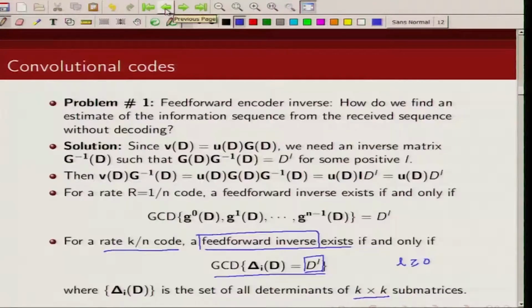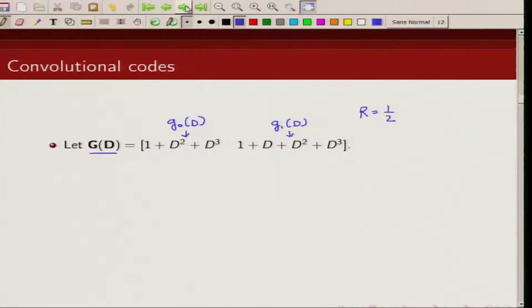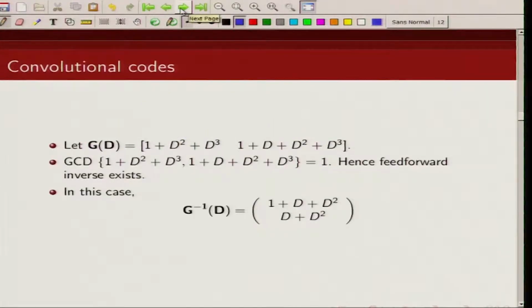If we go back and look at our condition for the encoder inverse to exist, this condition is satisfied. So, this particular code will have a feed forward encoder inverse, and in this case the feed forward inverse is given by this. You can check that G(D) times G inverse(D) will be 1.